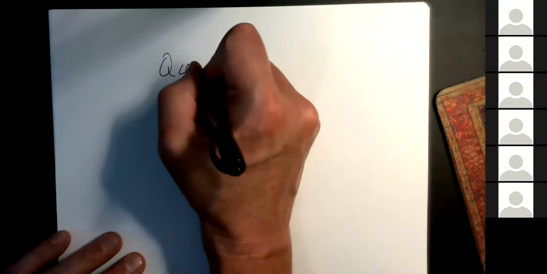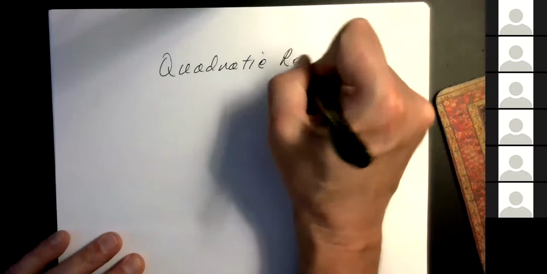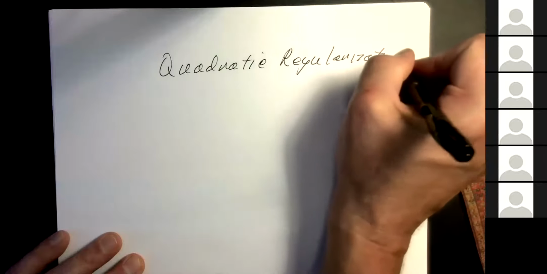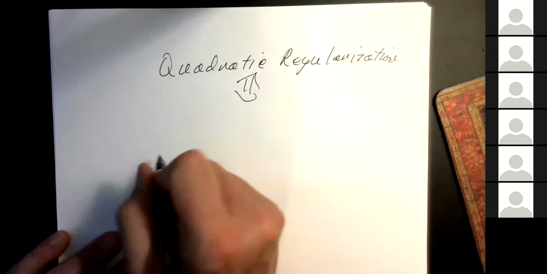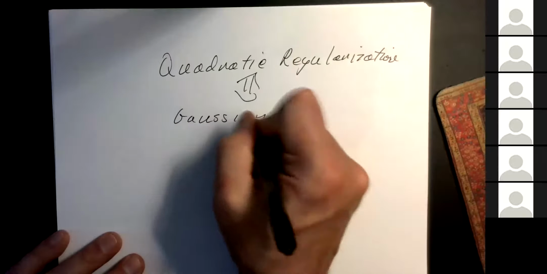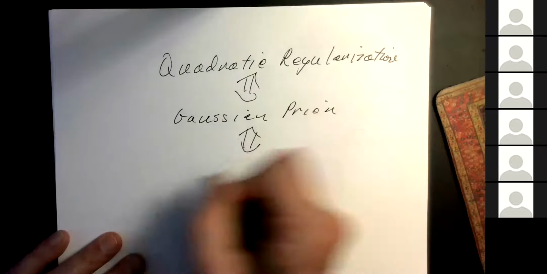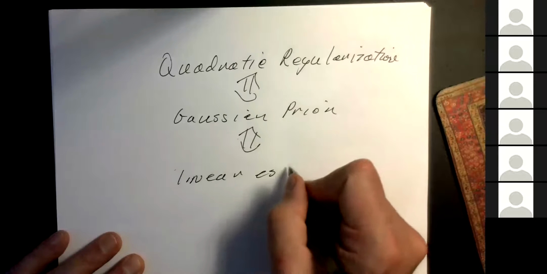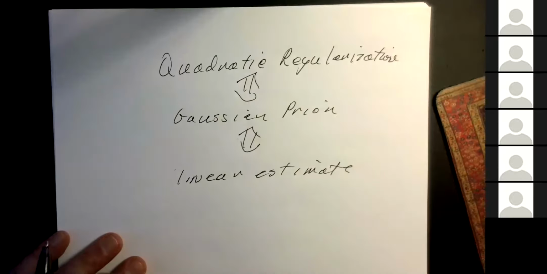Quadratic regularization is equivalent to a Gaussian prior, and that's equivalent to a linear estimate, which is what we got in the last section.